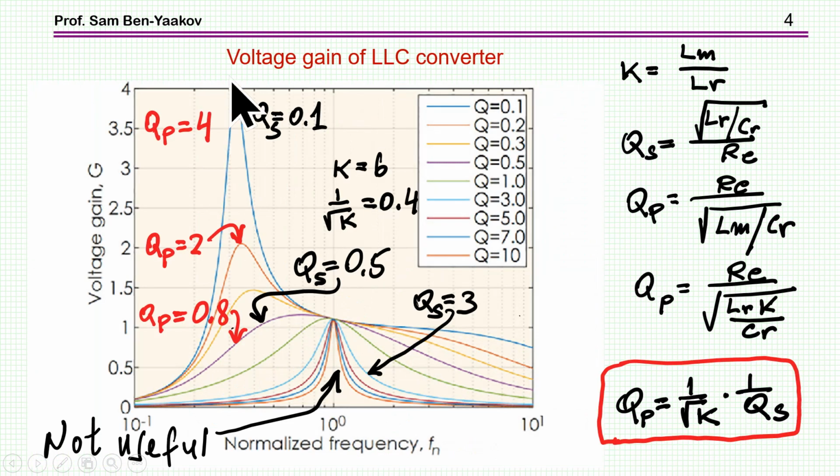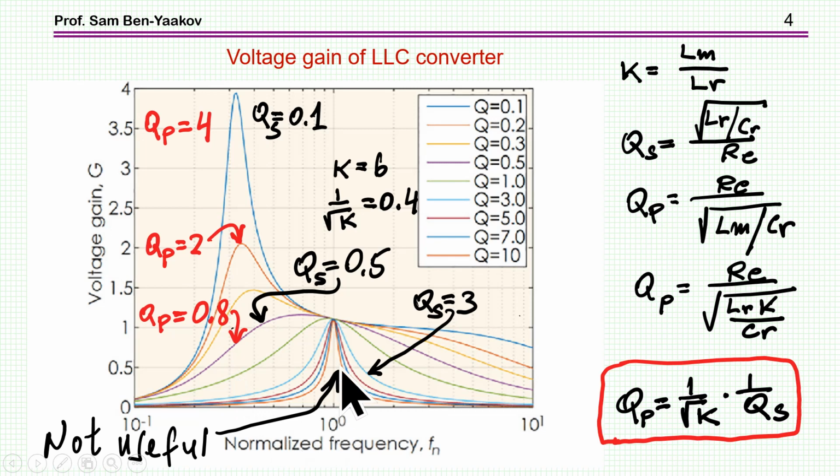While in this region the LLC behaves like a parallel resonant converter. And therefore, you have to use a Q which is related to a parallel resonant converter, not a series resonant converter. Once you do this, everything comes out okay, because you see the Q is going up, the gain is going up. Actually, there's a matching between Q and the gain. Everything is fine. So this is the point of the earlier video.